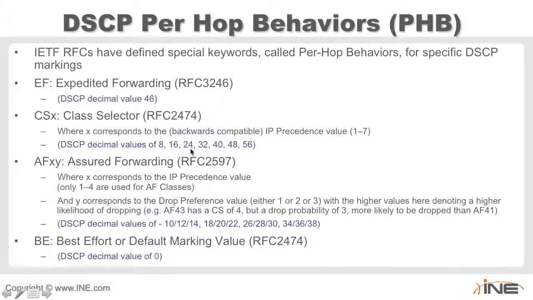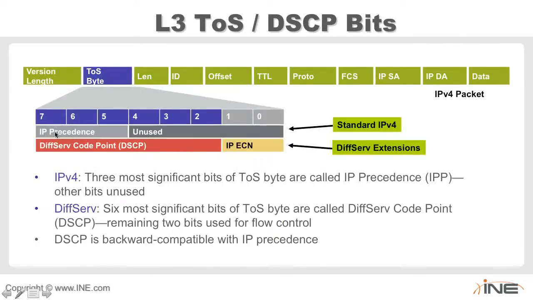If we were looking at IP precedence 3, then the decimal value is 3, right? The binary value is 0, 1, 1, but the decimal value is 3. The 2 bit is flipped on and the 1 bit is flipped on. So how did you get 24?